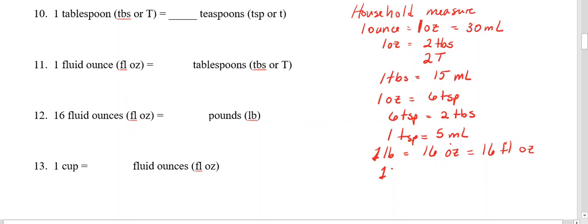Then 2.2 pounds equals 1 kilogram. Pounds are smaller than kilograms, so pounds is the 2.2. 2.2 pounds equals 1 kilogram.